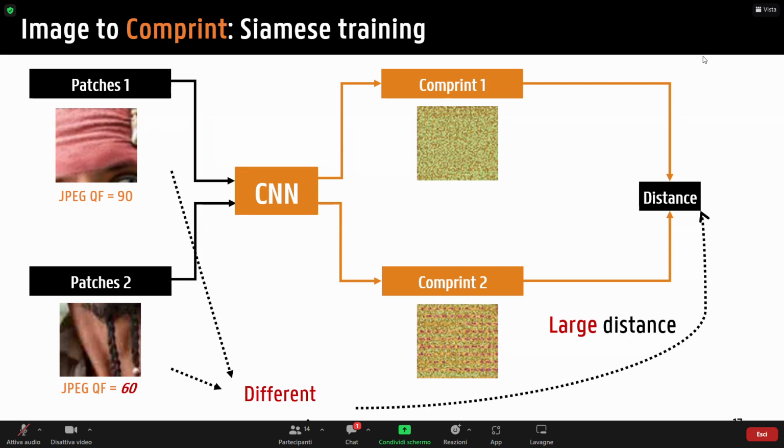Did you also run some experiments with social network shared images? Because this is another curiosity that I have. Some other processing can be applied to the image. Did you test it? No, we did not test on that yet. No, indeed. Because I was curious, since you say in a few cases the fusion of Comprint with Noiseprint works better. The two networks are kind of complex. I don't know Comprint because you are presenting it now, but I know Noiseprint very well.